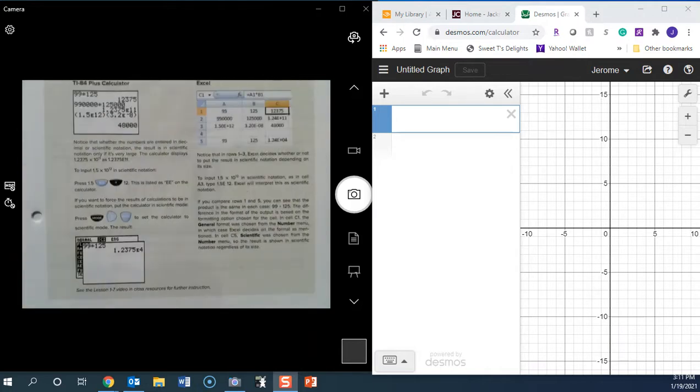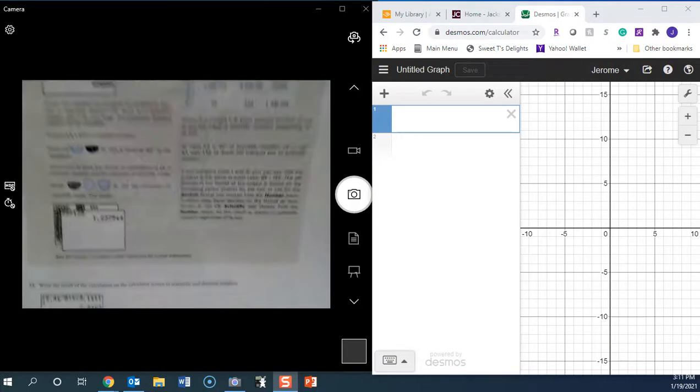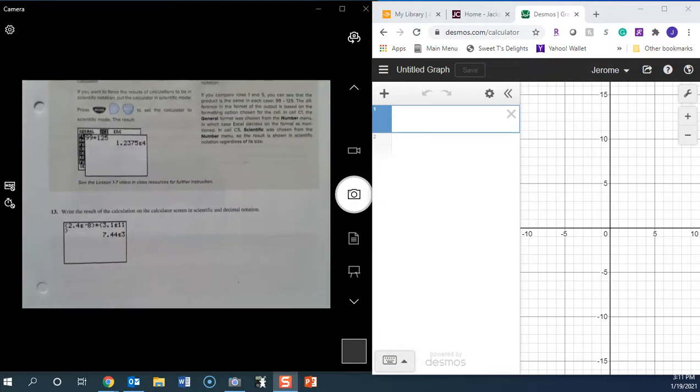All right, now we go to this next page. Now this page here basically shows you what a scientific notation answer would look like in a TI calculator. Now some people still use the TI calculator, which is fine. So I am going to show this. But on the Desmos calculator, when it gives you an answer in scientific notation, it looks like scientific notation.